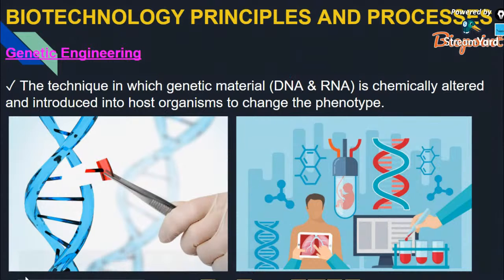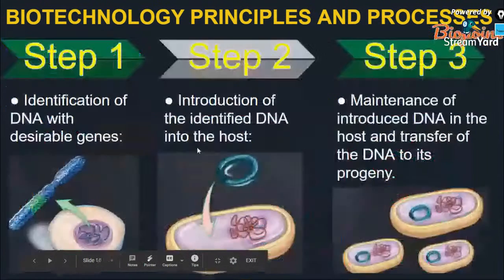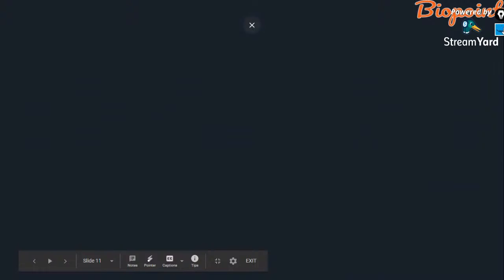I'll explain it to you with the help of an example. Let me take out a blank slide. Listen very carefully over here. For example, you are given a particular genetic material.